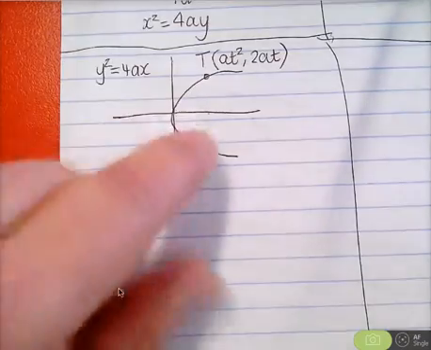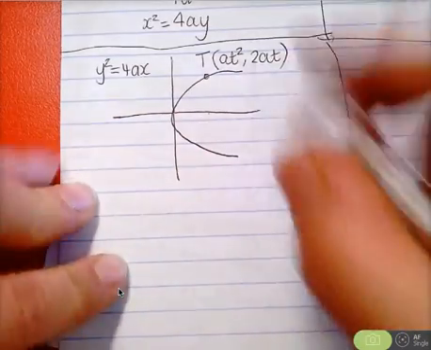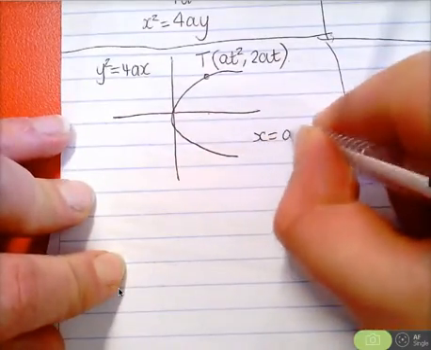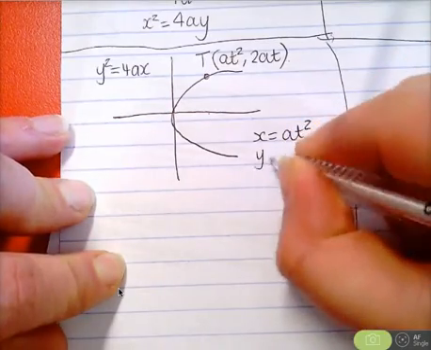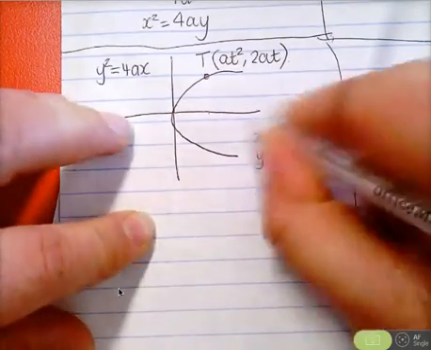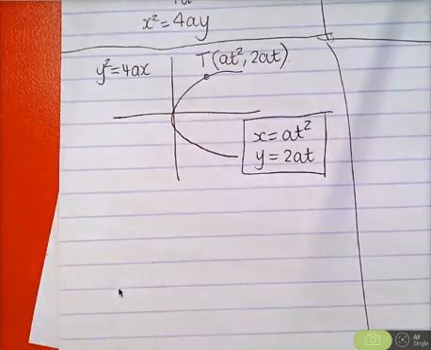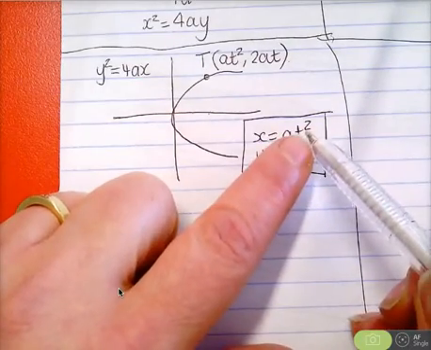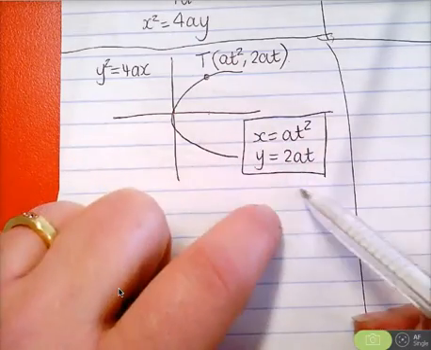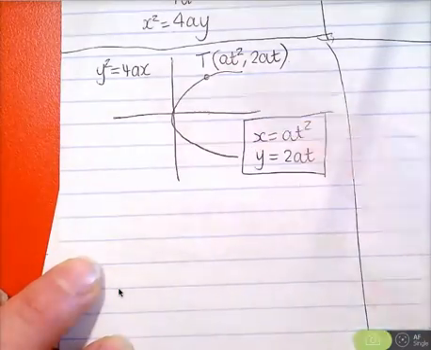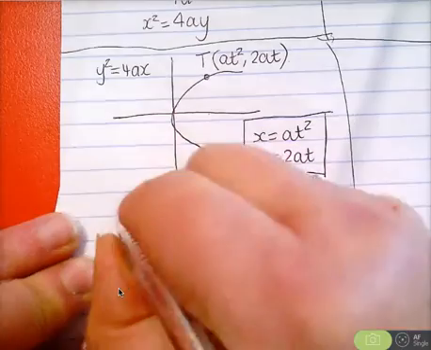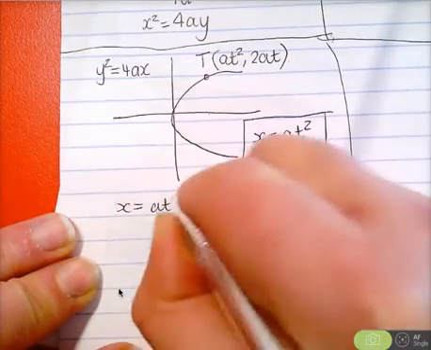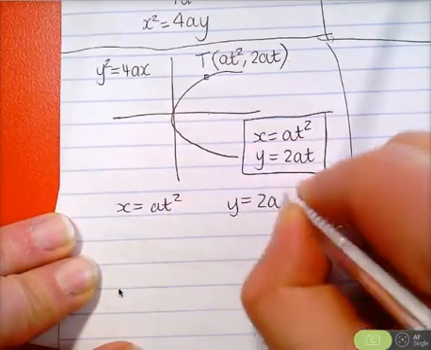All right, let's prove that if the parameters are, in other words, x is at squared, y is 2at. If they are indeed the parameters, and I write the Cartesian equation of those two parametric equations, I should end up with y squared is 4ax. So let's start. x is at squared, y is 2at.